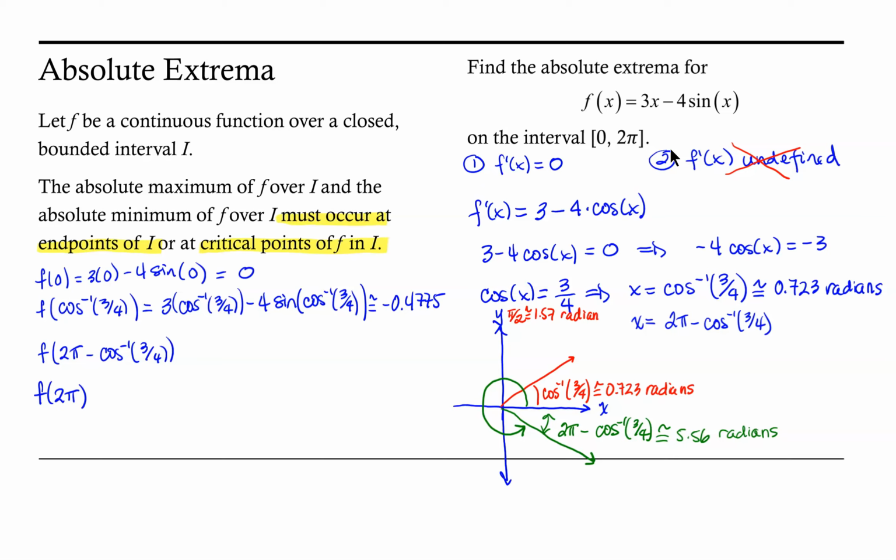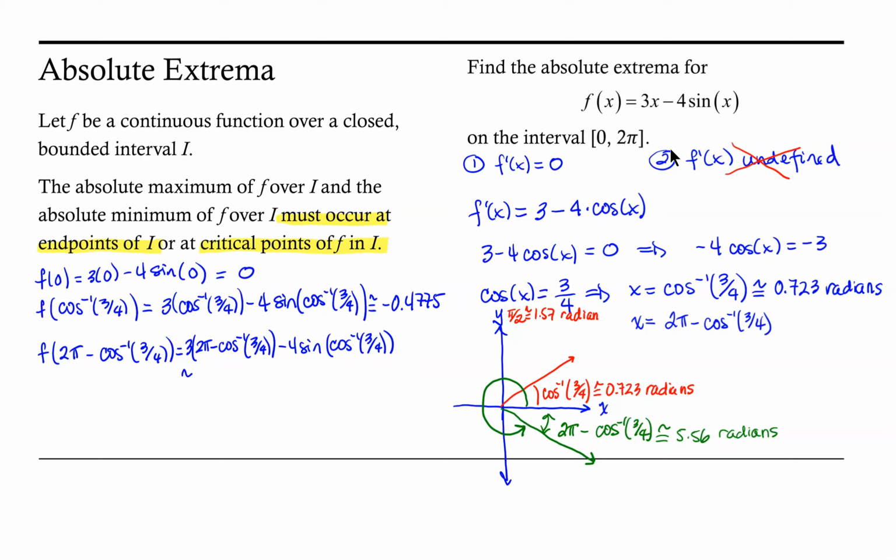We have a similar issue with f of 2 pi minus cosine inverse of 3/4. We'll have 3 times 2 pi minus cosine inverse of 3/4 minus 4 times sine of 2 pi minus cosine inverse of 3/4. Not as simply done analytically, though it can be done.